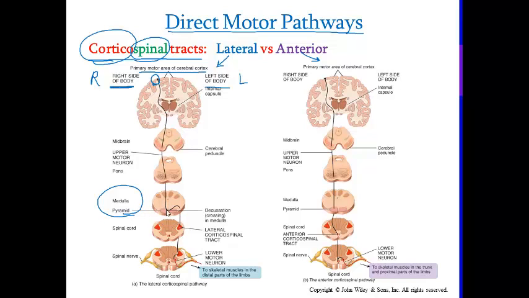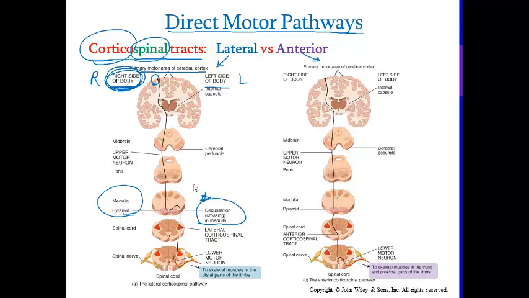So right over here, can you see that they made a cross? This is called crossing over or decussation. Very importantly that we see this, because you probably have heard of why the opposite side of the brain, like the right side of the brain, controls the left side of the muscles. So this is the reason why.